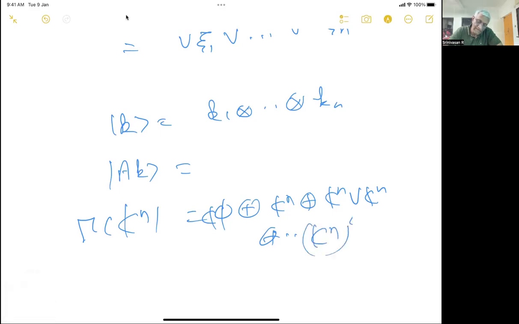Now you can act this gamma A on this when A is a unitary matrix. In particular, we are using a permutation matrix.